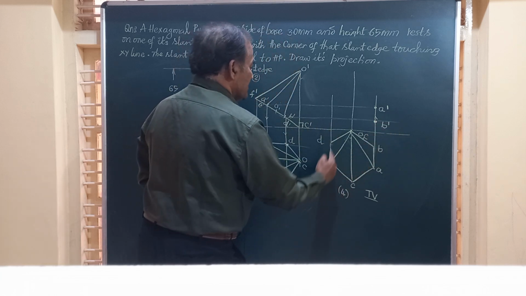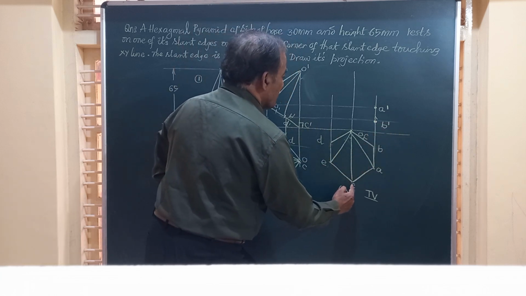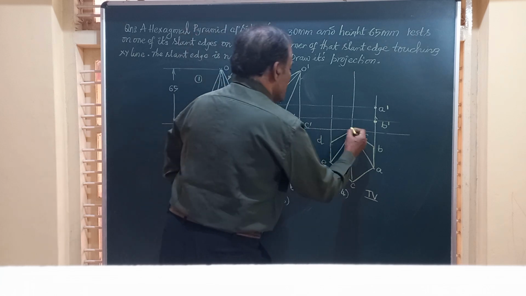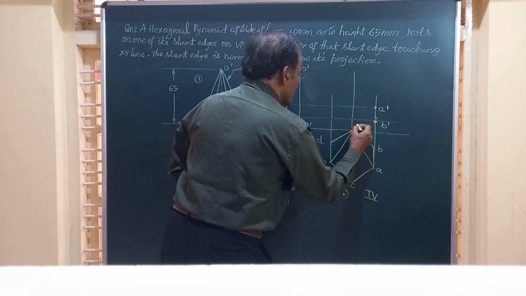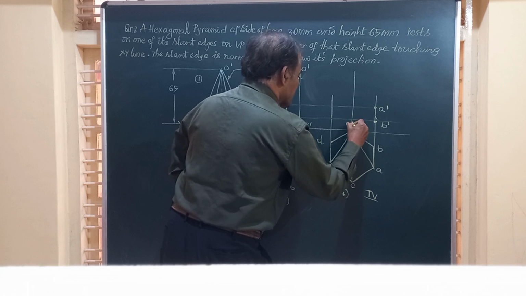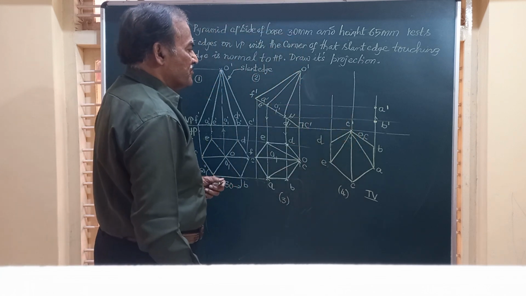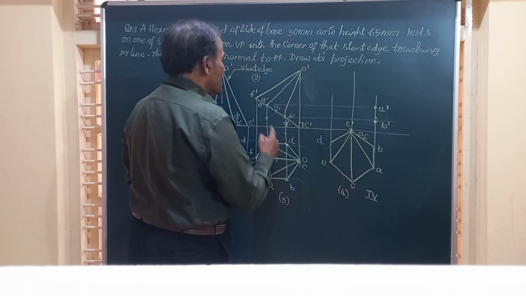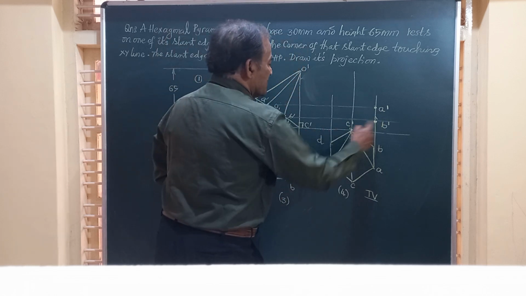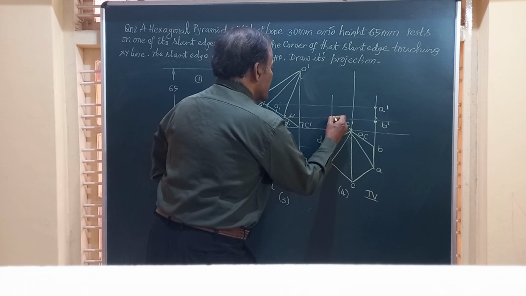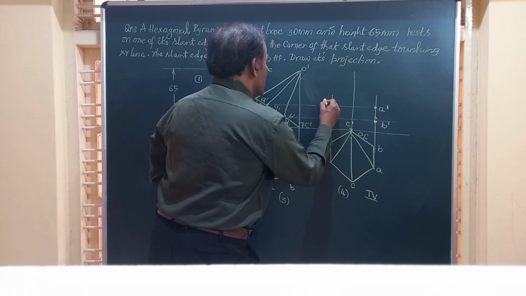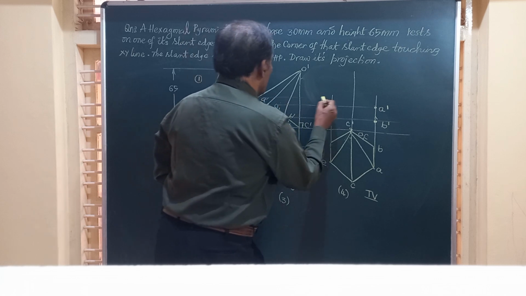On this you get D, and here from C we will obtain. Vertical from C, horizontal from this C, they meet at this point. So this is point C dash. And we have got A, B, C. So this will be automatically D, and this point is E, and F will be here.